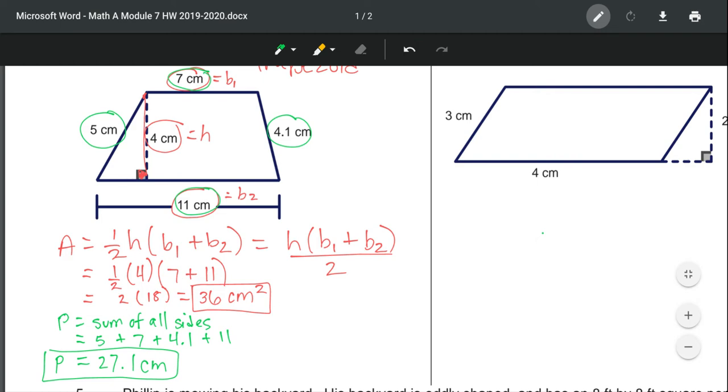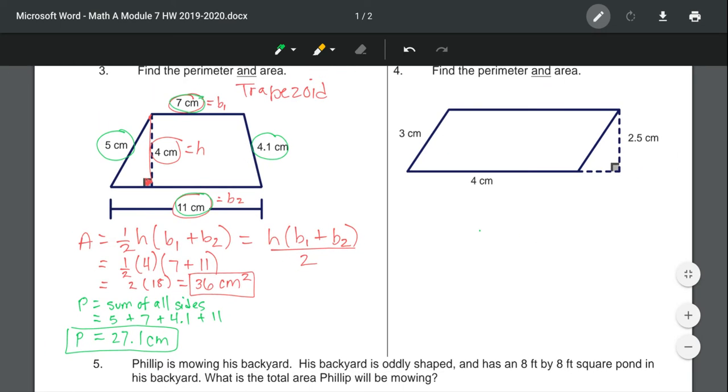Okay, for number 4, you also want to calculate the perimeter and the area. For this shape, this would be a parallelogram. The area of a parallelogram is base times the height, and remember that the base and the height are perpendicular to each other.